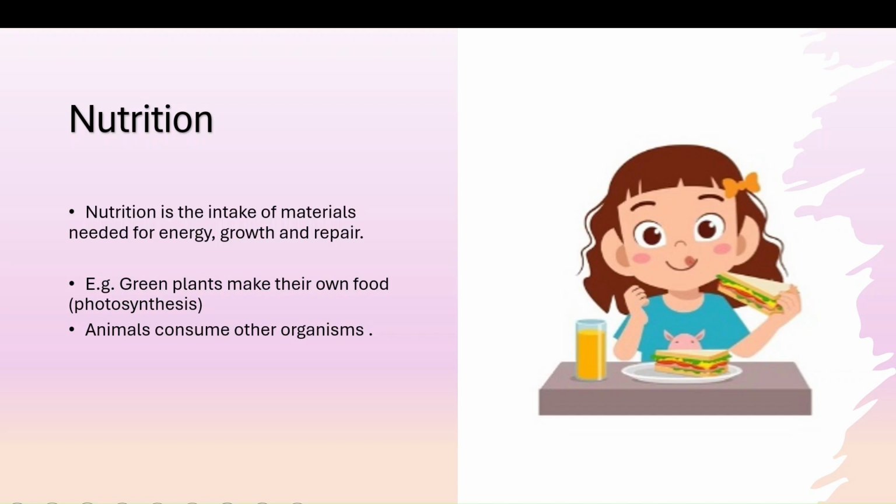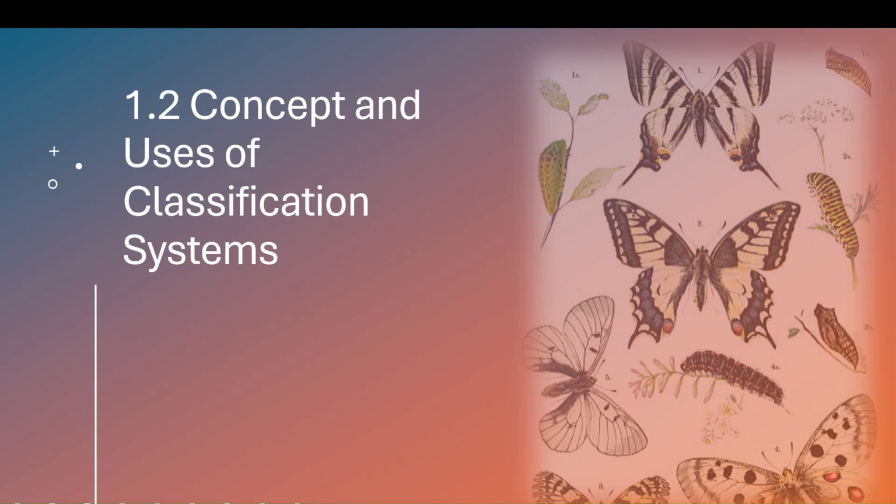Then there are heterotrophs, which are organisms that consume other organisms, like animals. So without nutrition, no organism would be able to get the raw materials or the energy that it needs to survive. So now that we know what life is, let's look at the concept and uses of classification systems.